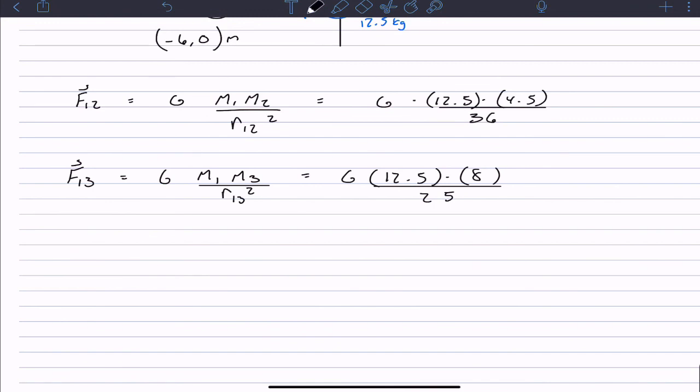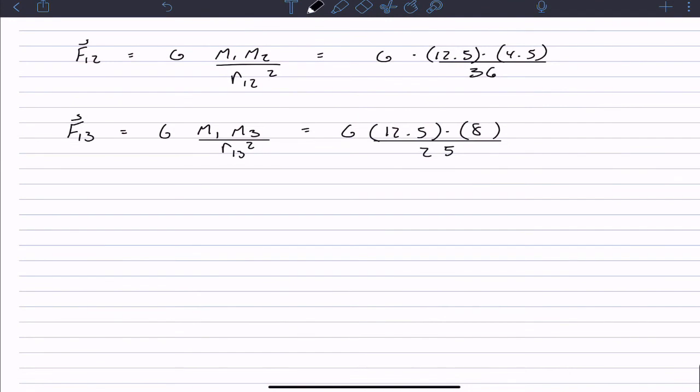This is what we call superposition. It really just means add what you have. The sum of the forces from 1 to n is going to give us F12 plus F13, since we're just looking for the force on the center sphere.